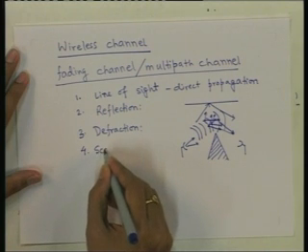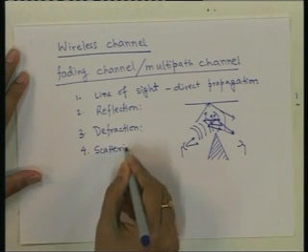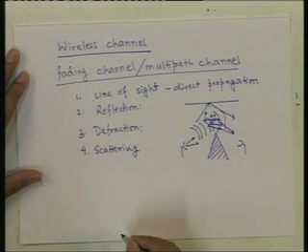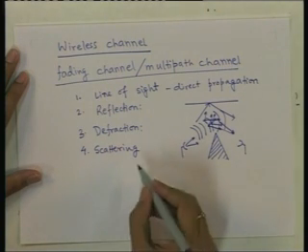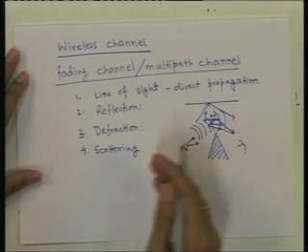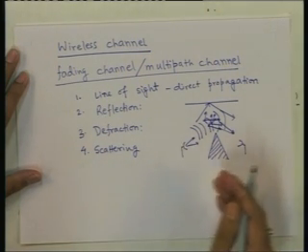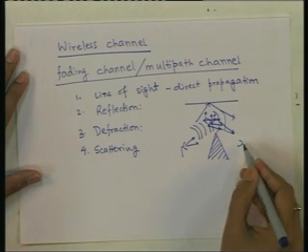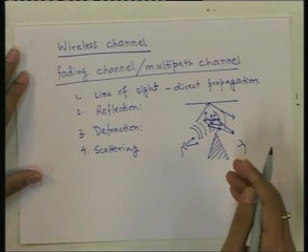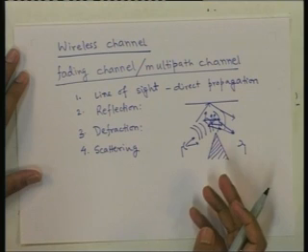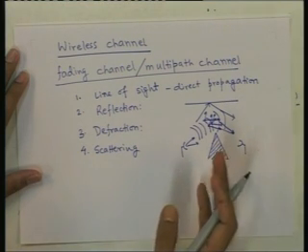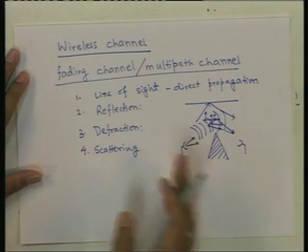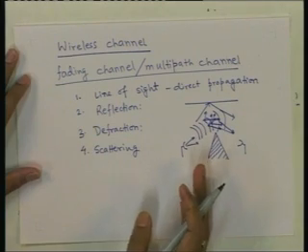And then scattering. It is seen that the actual received signal at the receiver antenna is often stronger than what can be predicted by reflection and diffraction models together.